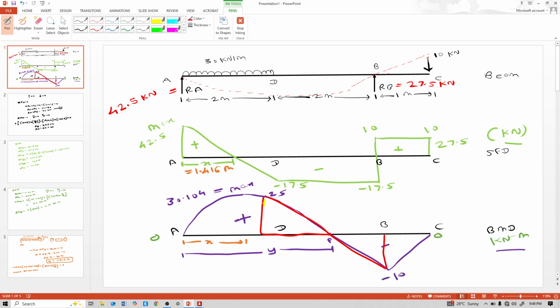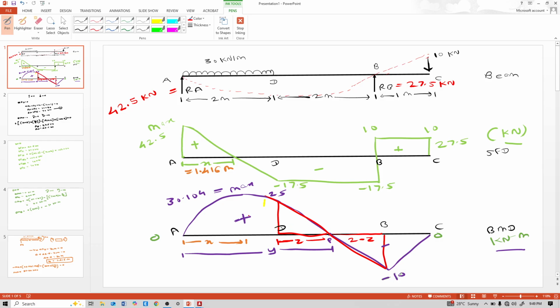At D it is 25. So take from D, take this triangle, and this D to B distance is 2. Let's assume this as Z and this as 2 minus Z.